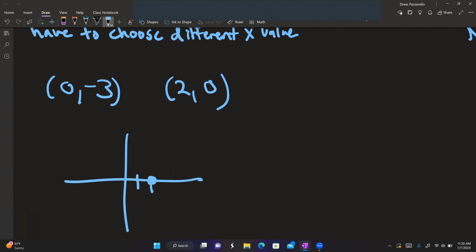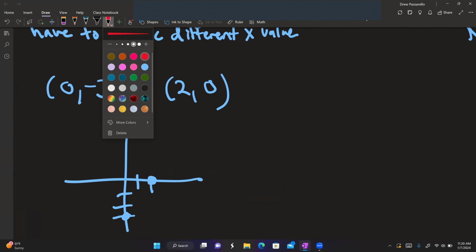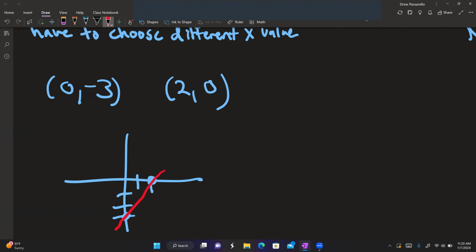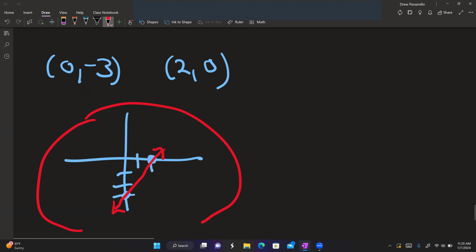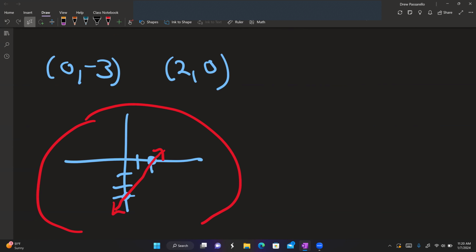Here's 2 comma 0. Here's 0 comma -3, and then I form the line. And it just so happened that the choice I picked for x gave the same values for the 2 points from method 1.